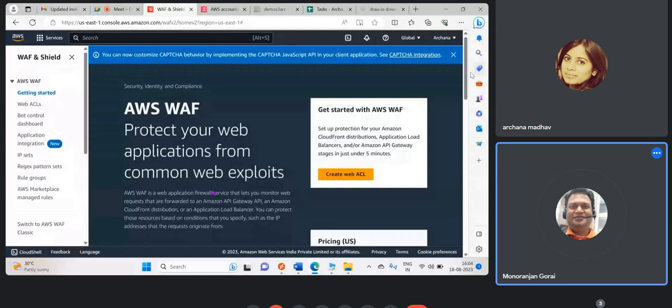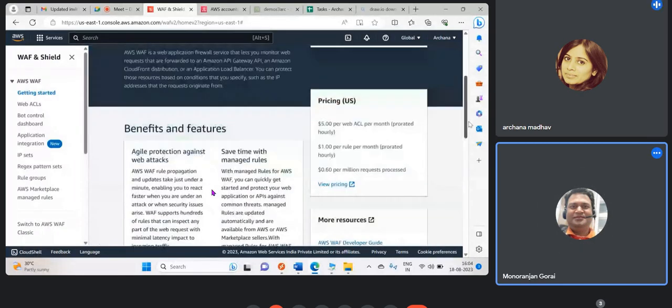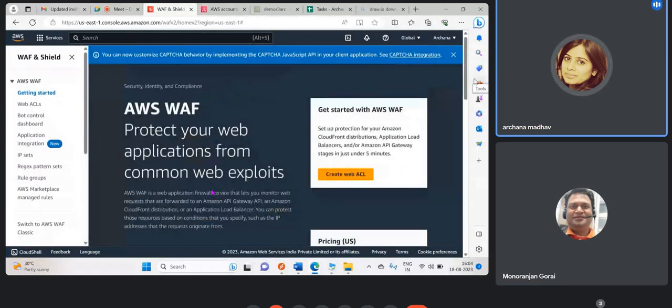Whether the DDoS related security is enabled or not. I know just about the DDoS. Is that the thing that is talked about under this WAF and Shield?